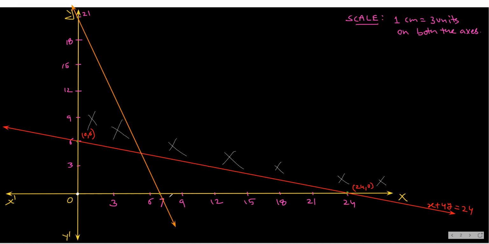This is 7, 0, and here you have 0, 21. Then the equation I will write: the equation is 3x plus y equals 21.